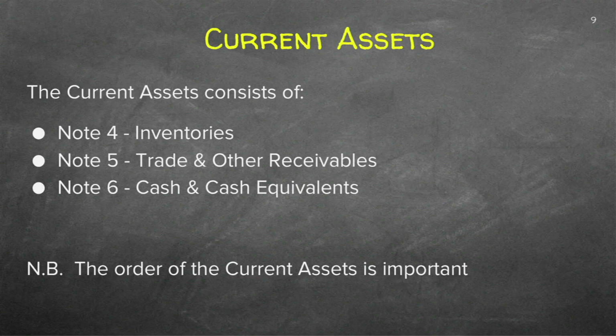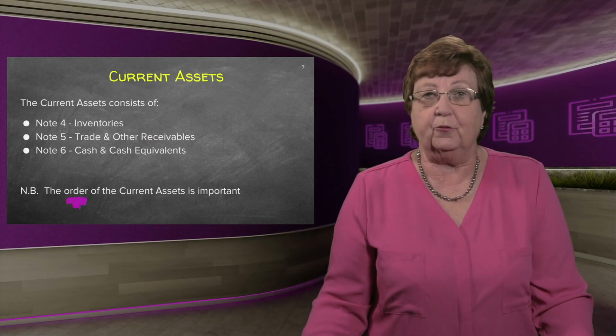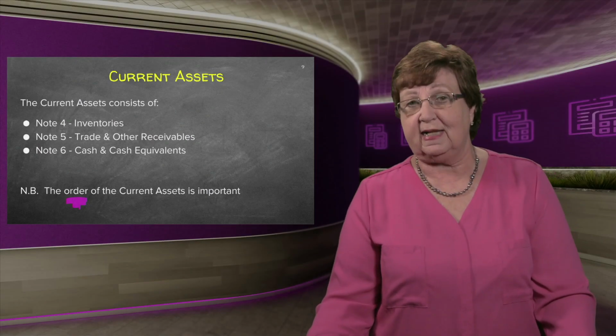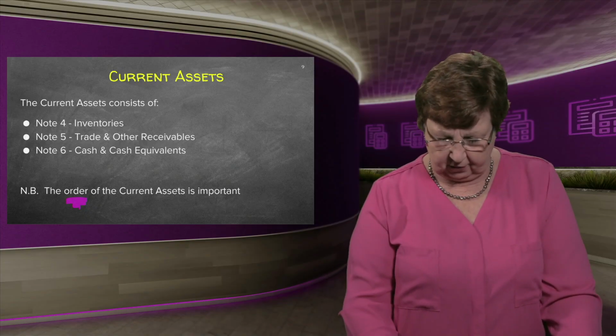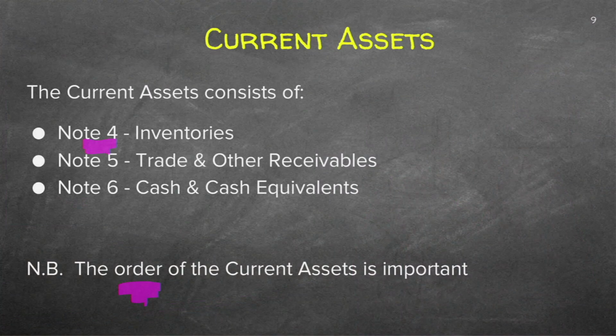So the current assets consist of 3 items. They must be listed in the correct order. And so why is that important? Because as I mentioned earlier, we list everything from the most difficult to get rid of, or the most fixed, to the least fixed. And so we've got inventories, note number 4. Then we have trade and other receivables, note number 5.